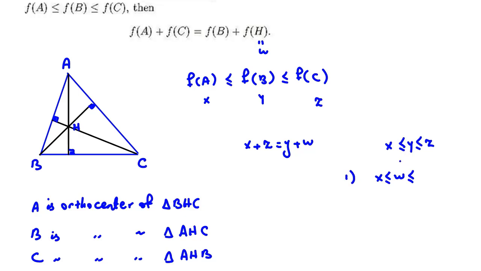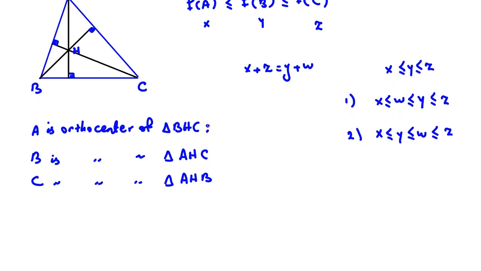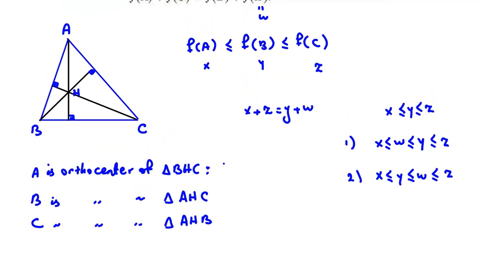Let's consider this case 1: X, W, Y less than or equal to Z. Case number 2, we conclude X less than or equal to Y, W, here Z. So let's consider these cases. For this one, our vertices are B, H, C. We know it is A, it is H, it is B, it is C, f of A, it is B, it is H, it is C. So for BHC, let's first consider case number one.